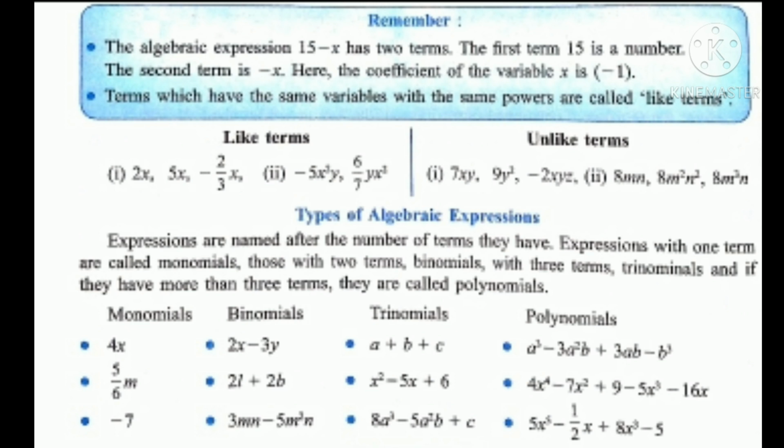Why? Because all the three terms have a variable with the same power. Now the second one: minus 5x cube y, comma, 6 by 7 y x cube.